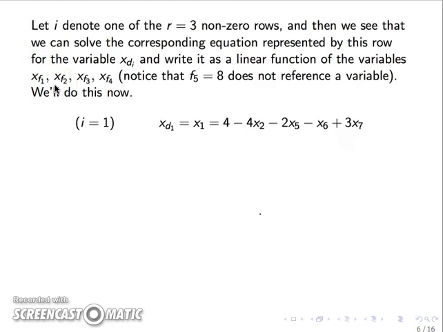Okay, so this will be clear in just a minute. So, for example, the first index in D is 1, so x1 is a dependent variable, and x1 can be written in terms of variables that are in the other set.